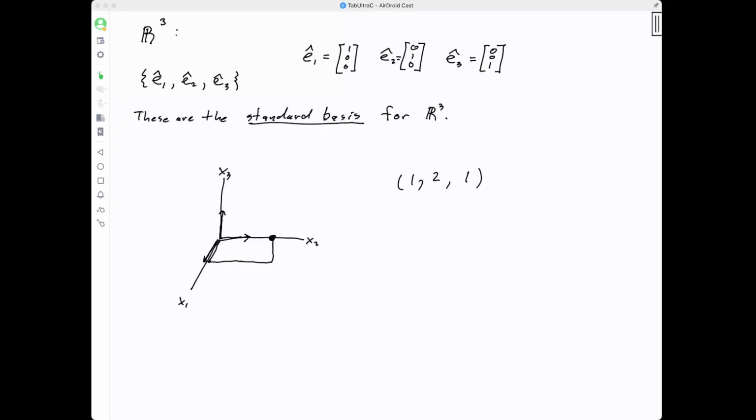And that's where that point is in space. Notice the way I drew it, it kind of looks like it's on x2, but it's not. It's in front of it. It's more towards you. So that is this idea.